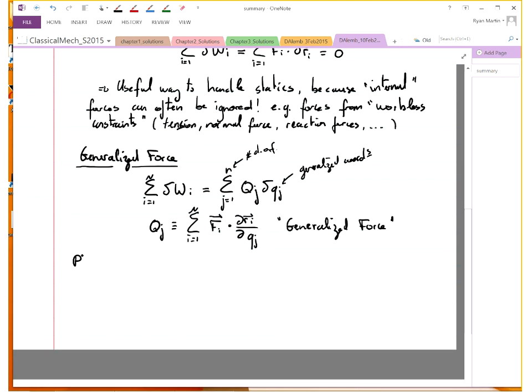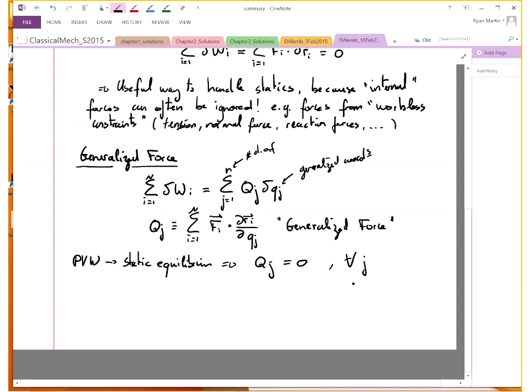And for static equilibrium, so the principle of virtual work, for static equilibrium, the total work is 0, and what we find is that the Qj are equal to 0 for all j. The little symbol there means for all possible values of j.